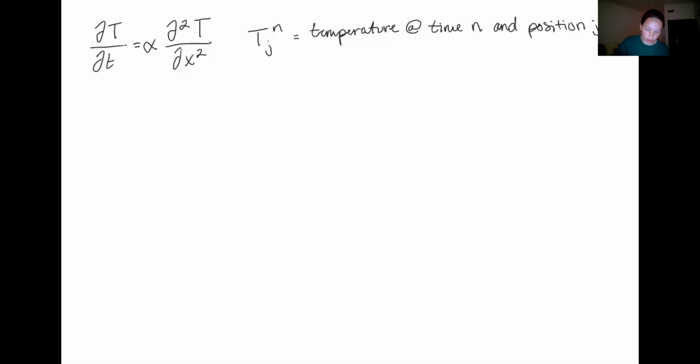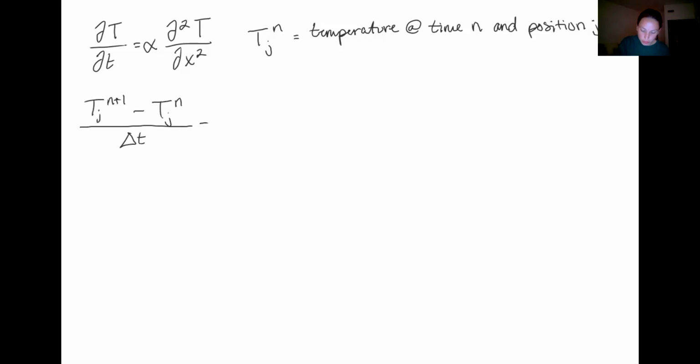So on our left-hand side, since we are taking the derivative with respect to time, we'll have T at j at time n plus 1 minus T at position j, at time n, over delta t. And that's the first derivative of the temperature with respect to time.